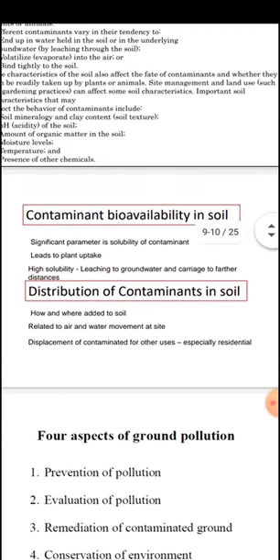So contaminant bioavailability in soil is related with the organic nature, and then it is linked with the behavior of contaminant. I think we have talked about it already.